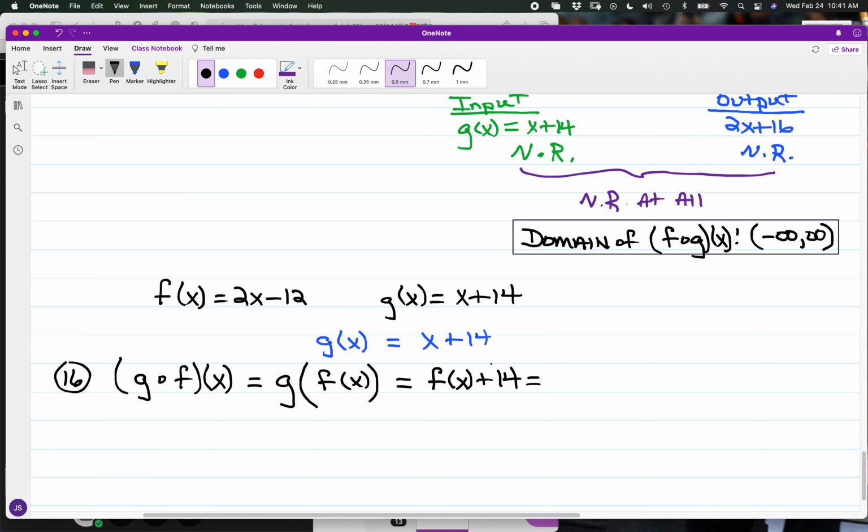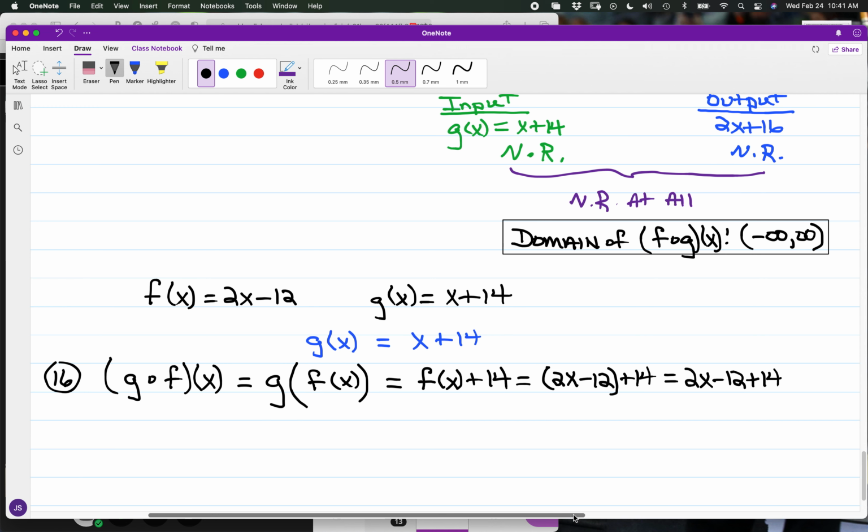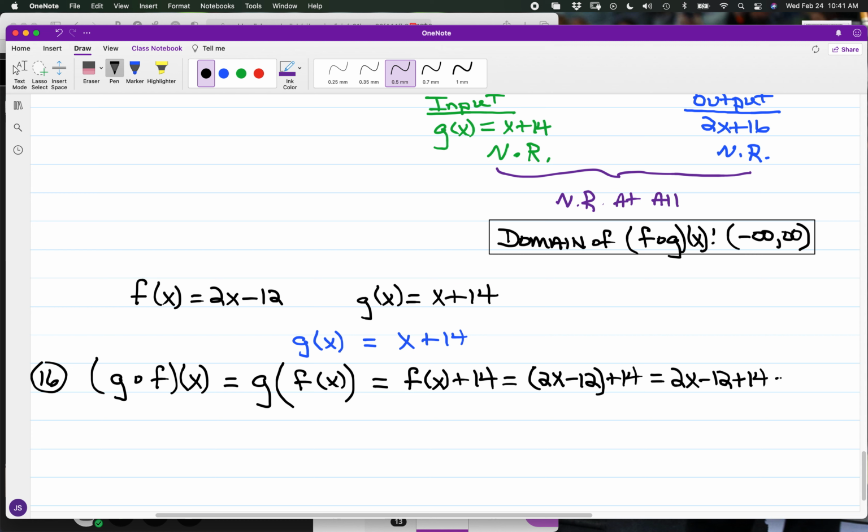And f of x, we have the quantity of 2x minus 12, followed by the addition of 14. And for what we have in this end result, that is going to come out to 2x plus 2.